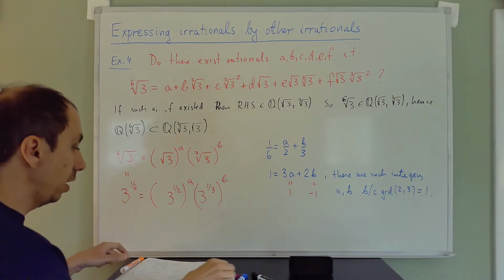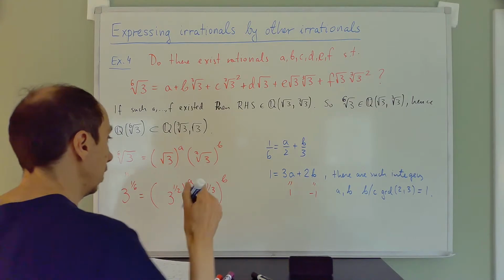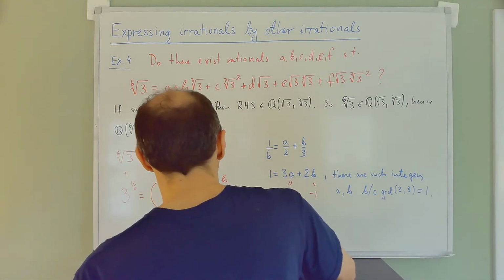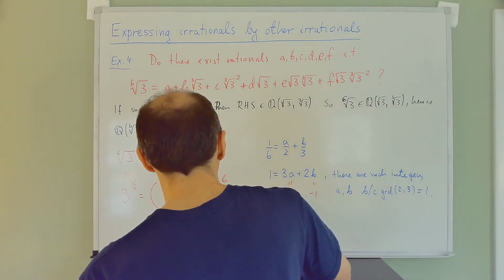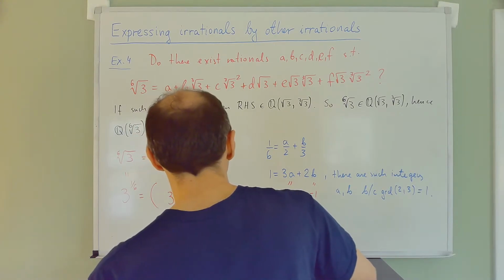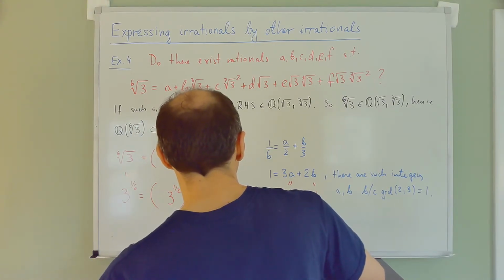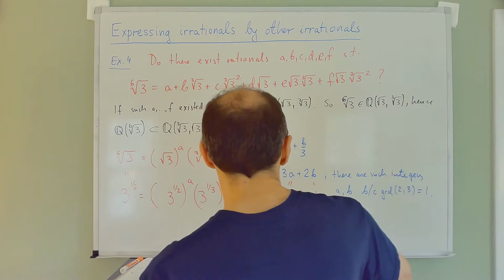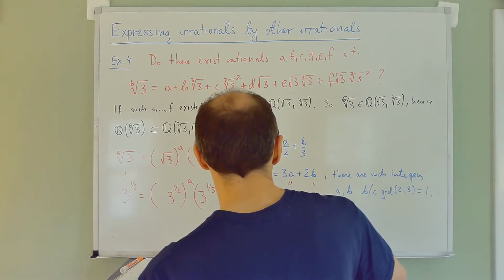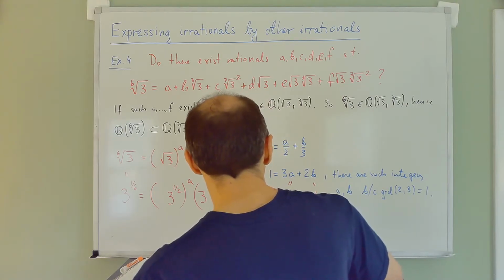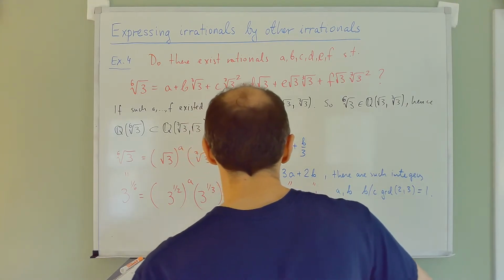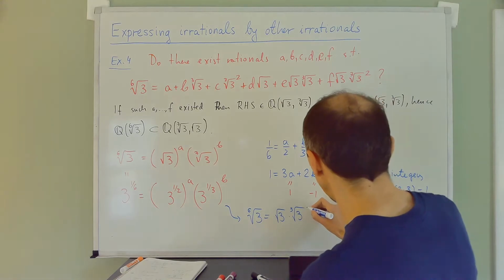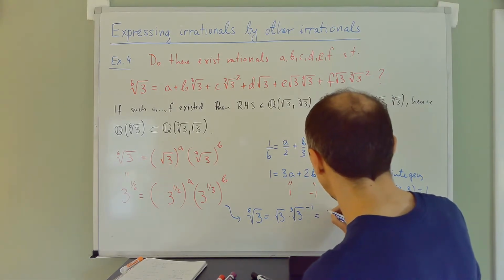So going back here, I get that the 6th root of 3 can be written as the square root of 3 times the cube root of 3 to the power -1.